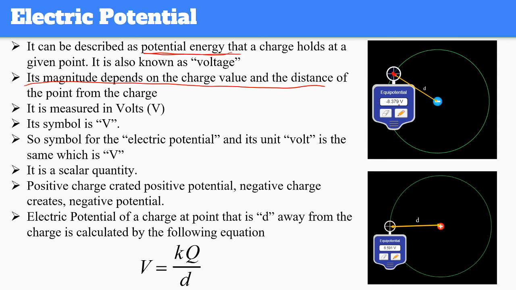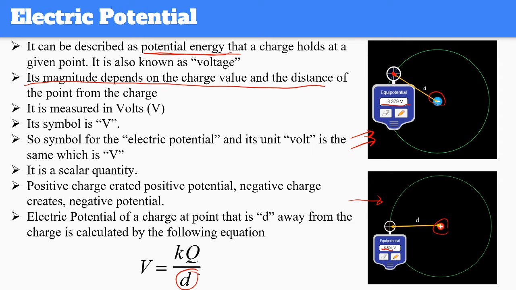So, for example, here we are seeing that it is 8.37, but here we are seeing that it is 6.5. Well, this is negative charge, this is positive charge, and then they are just one charges. So we are not able to see that clear in this picture, but the first one is farther away from the charge than the second one, because potential will depend on the distance.